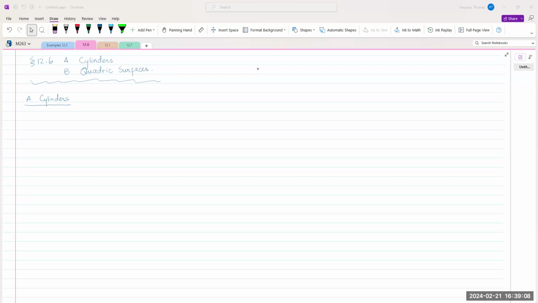Let's start with cylinders. We covered this a bit last time when we went over section 12.1. Cylinders are defined to be surfaces that are parallel to an axis, or maybe more than one axis.